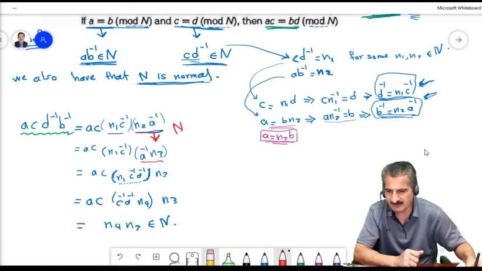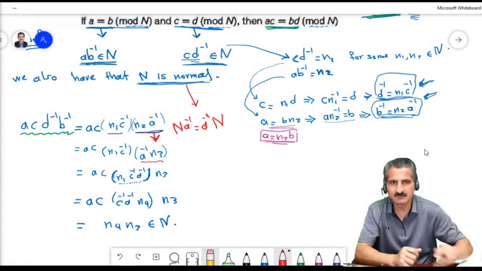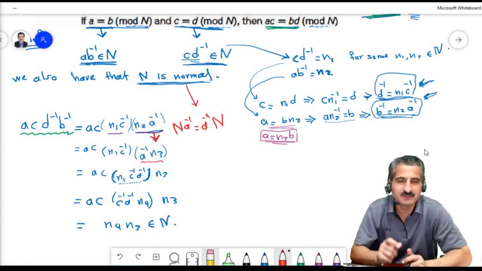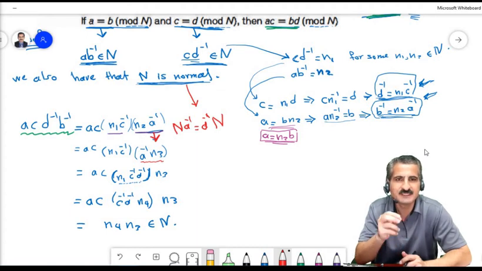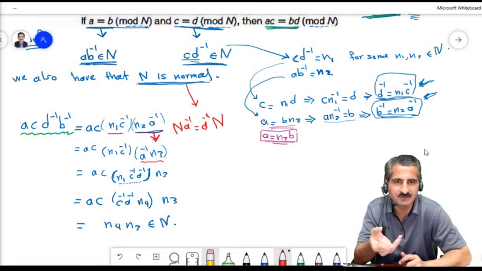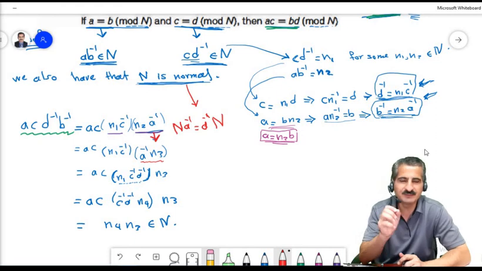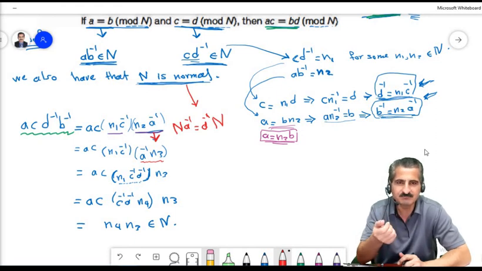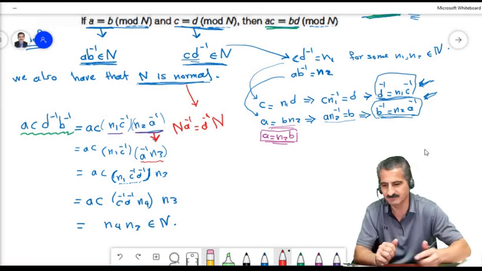Because n A inverse equals A inverse n. Why? Because N is normal. Since N is normal, the left coset and right coset of N are the same using any element of the group, and A inverse is an element of the group. So n2 A inverse equals A inverse times some element, which we call n3, from N.